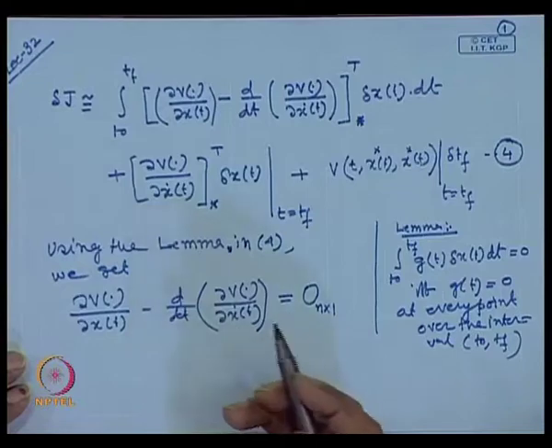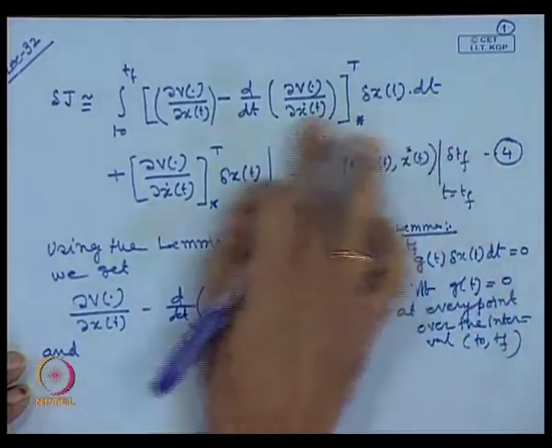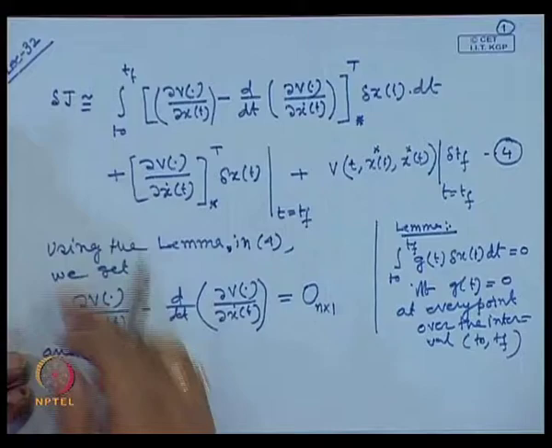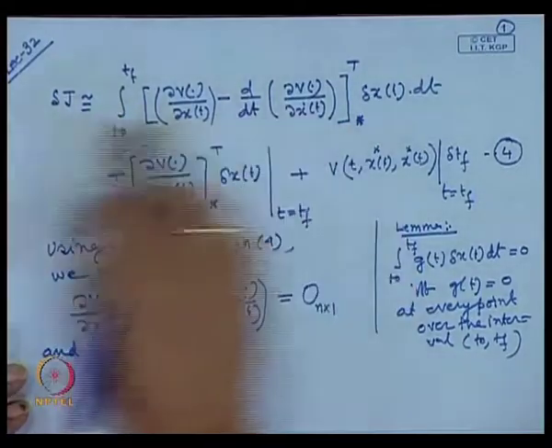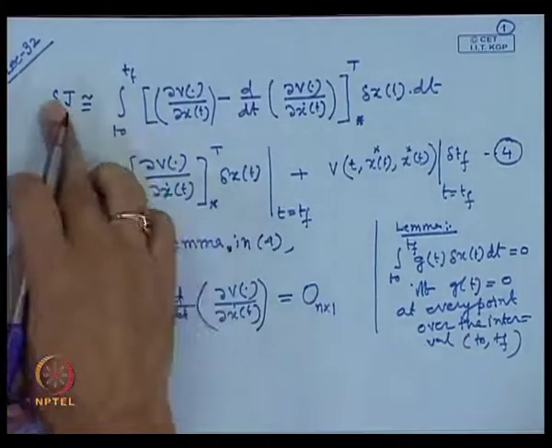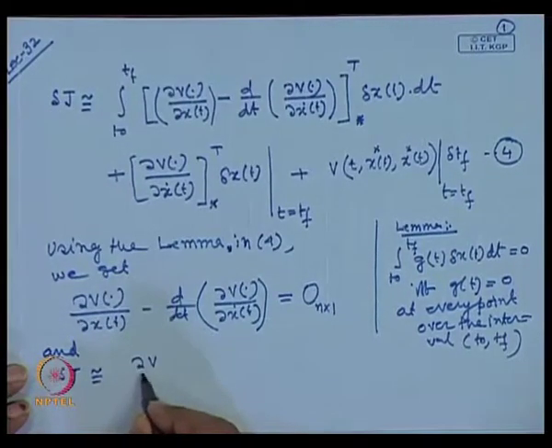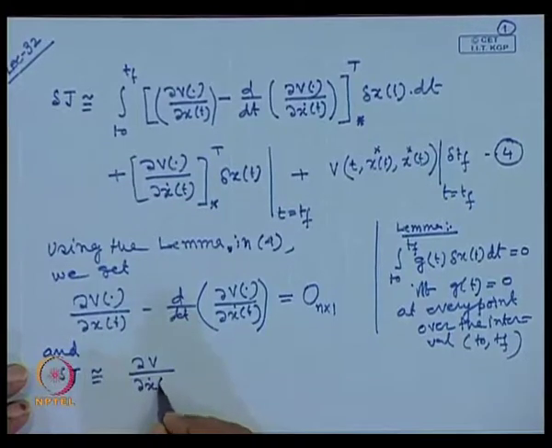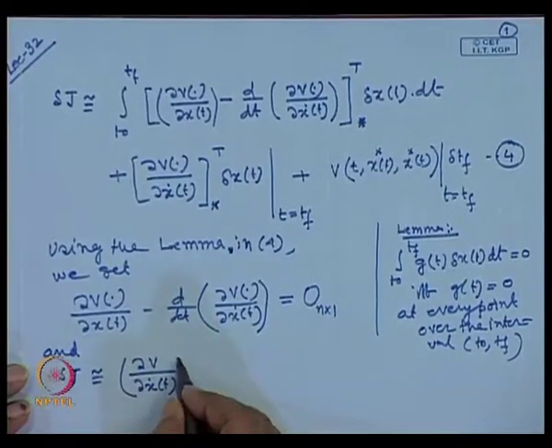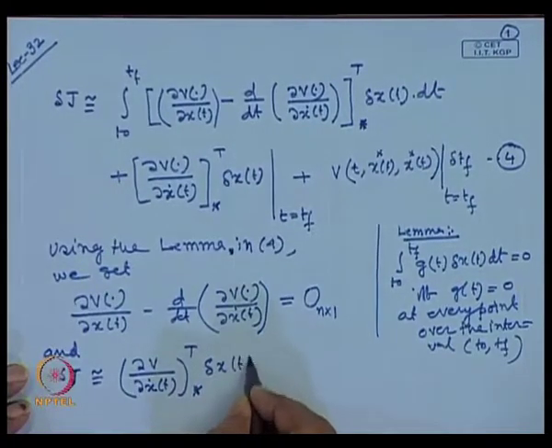In addition, this must be 0 in order to make delta J 0. So the expression 4 boils down to del v by del x dot of t, the whole transpose, delta x, because delta J is a scalar quantity.